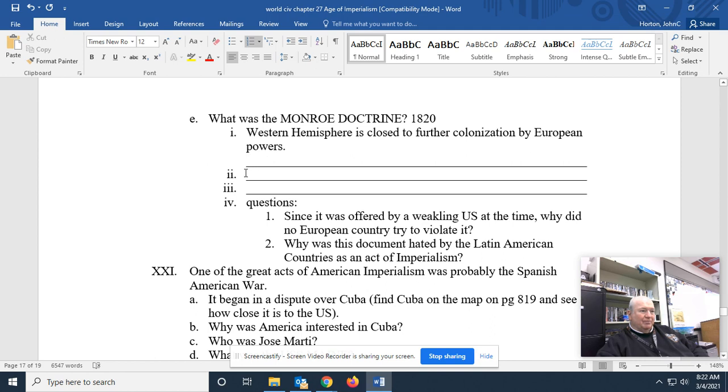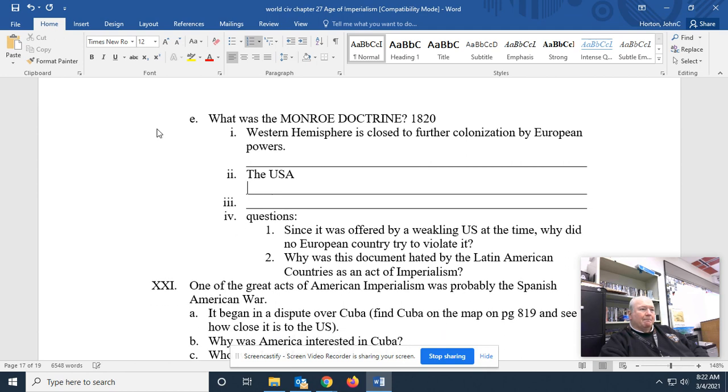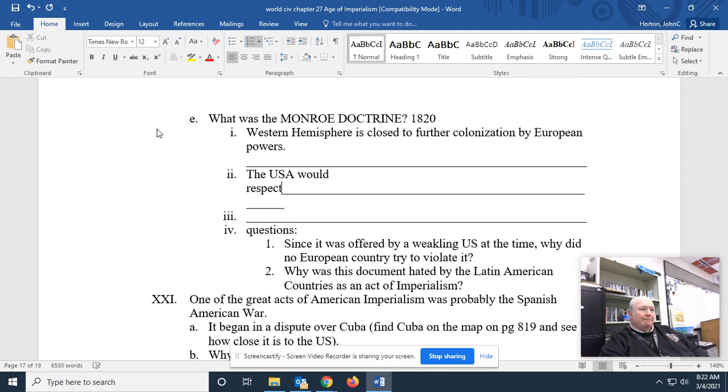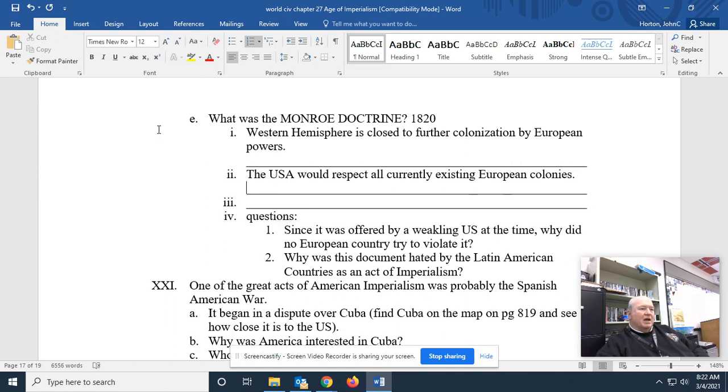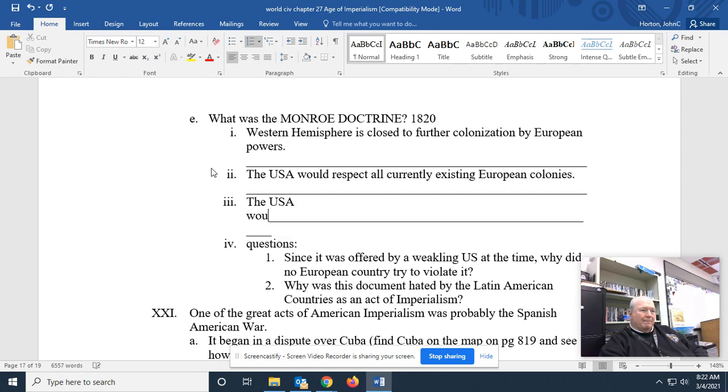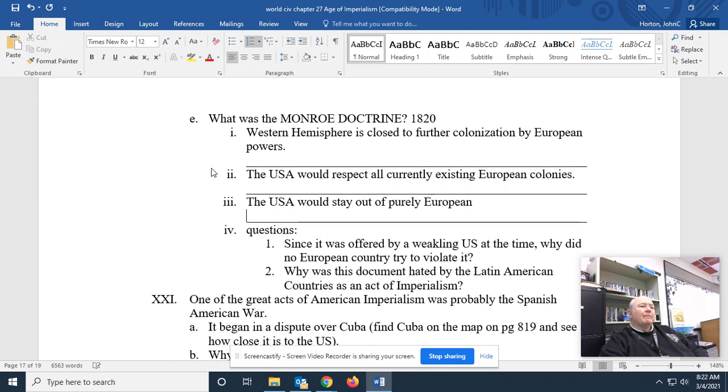Two, that the United States would respect all currently existing colonies. And three, that the U.S. would stay out of purely European affairs.